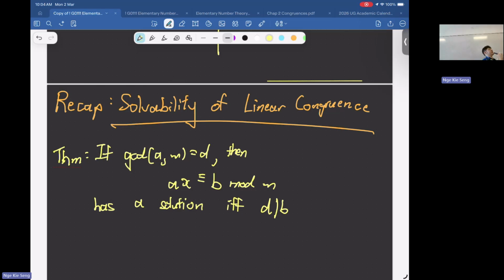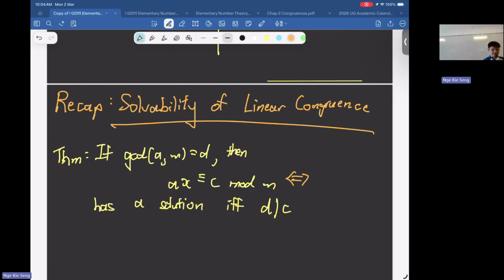You can think of this B as the C of AX plus BY equals C, the C that you want to get. Maybe I can just change this to C. Why? Because what does AX congruent C mod M mean?